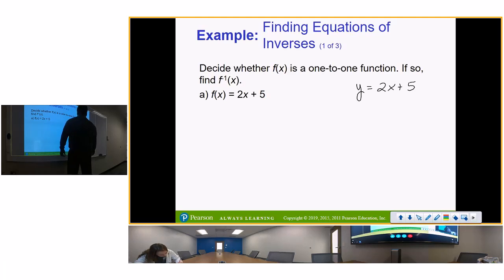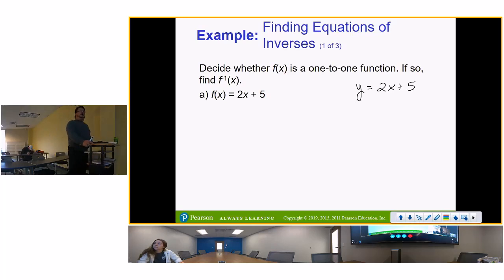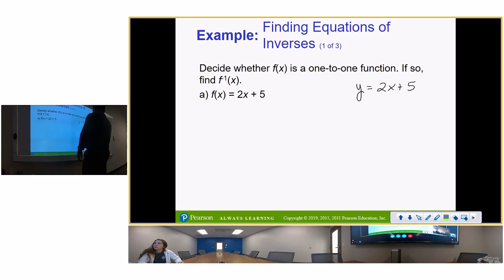Like all things that are supposed to impress people, you go back to the basics, all right? So you change y and x, or f of x, into y. The second thing you do is you switch the x and the y. So x is equal to 2y plus 5.